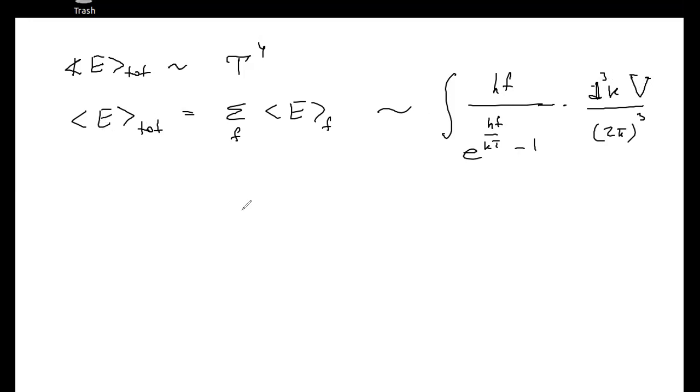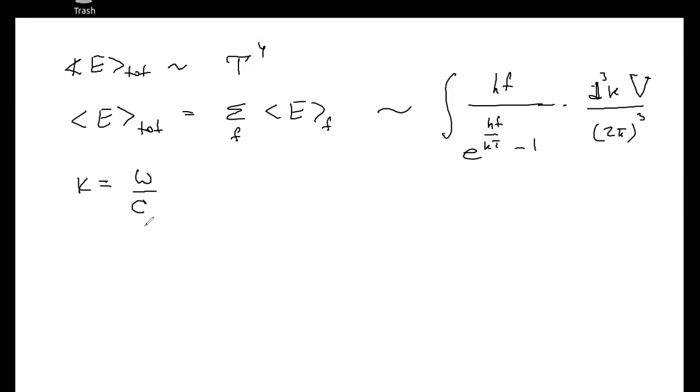But the integration over k vector can be related to omega. How can we relate the wave vector and angular frequency? Some of you should know. The hint would be the speed of wave. The wave vector and omega are related by the speed of wave.